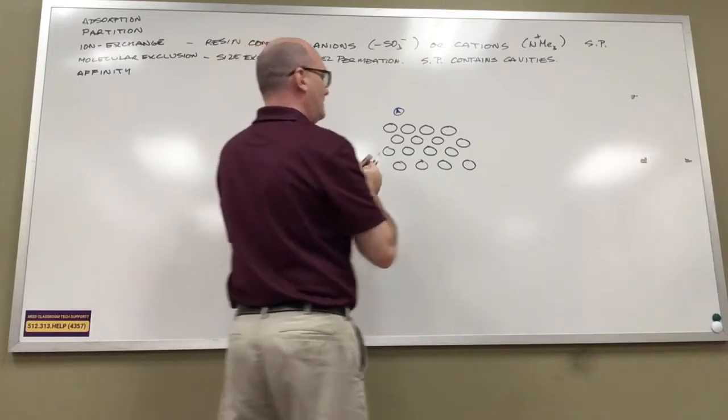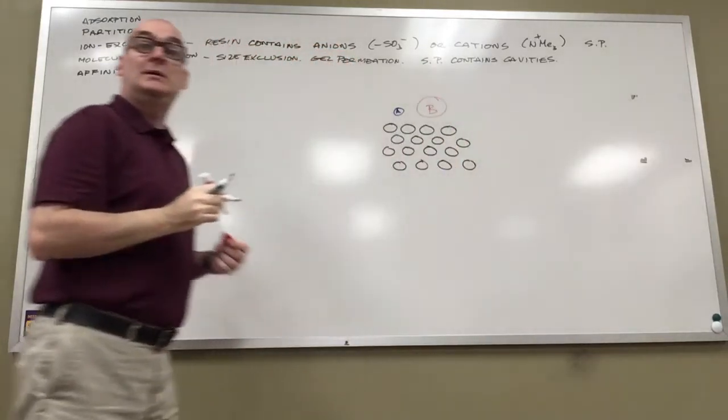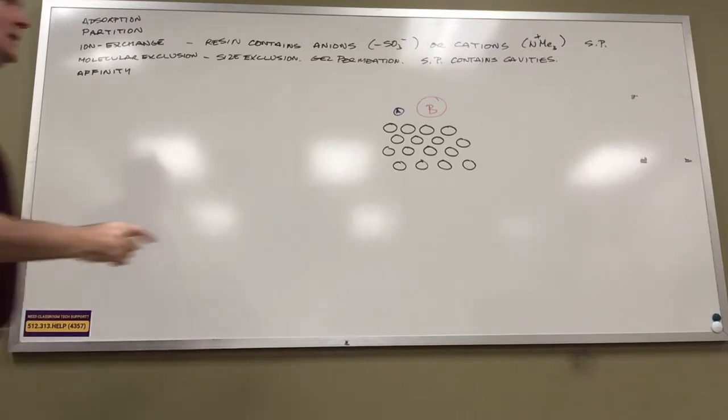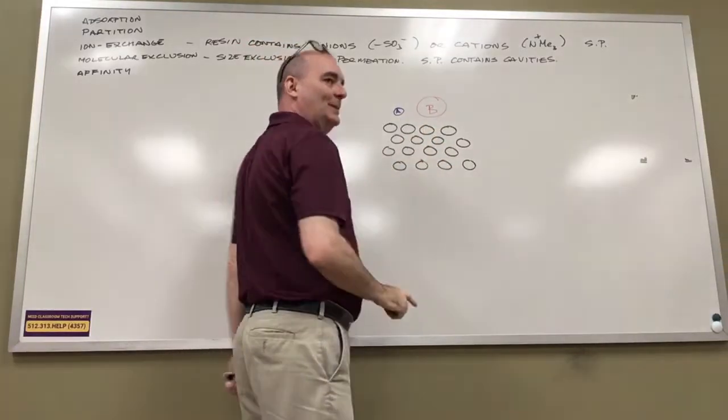This is A, and this is B. Which one has the harder time? Are you saying like, do they have cavities? No, not yet. I haven't introduced the cavities yet. This is still just regular packed column. B has a harder time because B has to make its way through here where A can slip through.